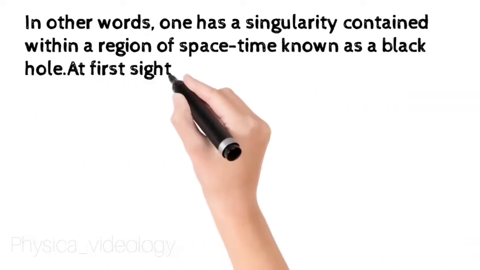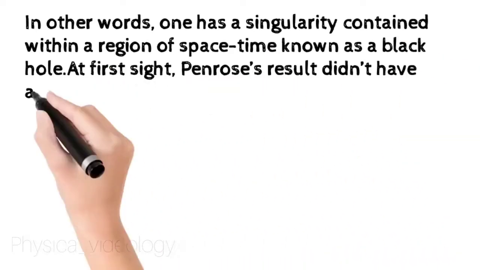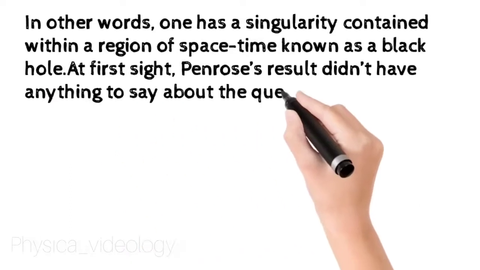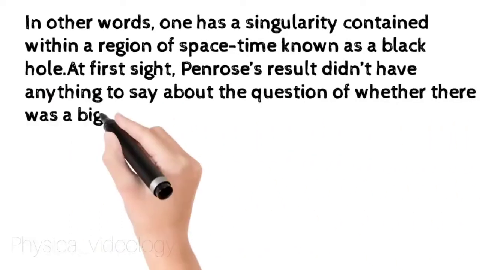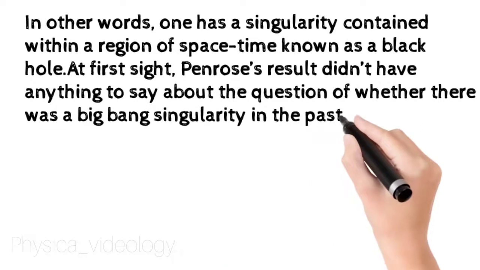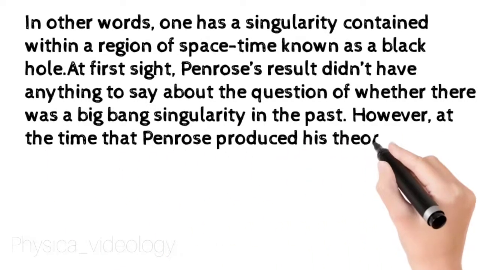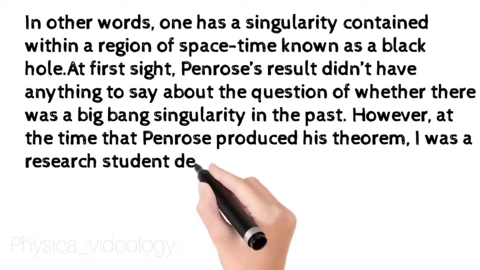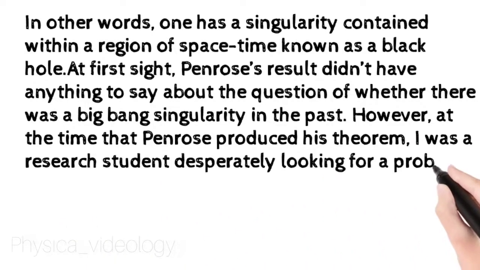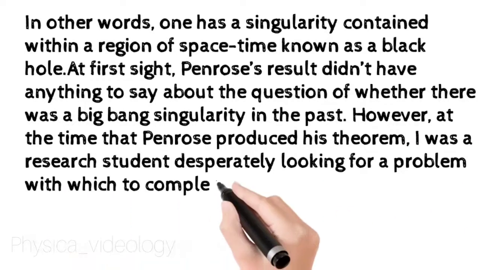At first sight, Penrose's result didn't have anything to say about the question of whether there was a Big Bang singularity in the past. However, at the time that Penrose produced his theorem, I was a research student desperately looking for a problem with which to complete my PhD thesis.